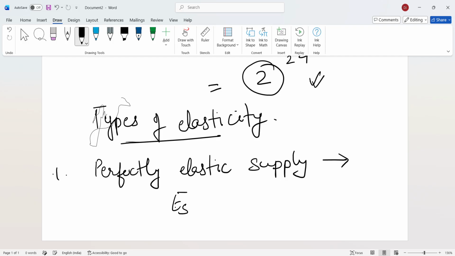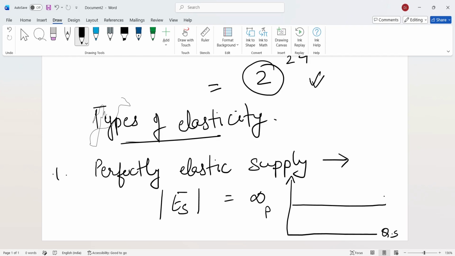So your elasticity of supply is equal to infinite here. If I draw it, with quantity supplied on one axis and price on the other, it would be a horizontal line parallel to the x-axis.